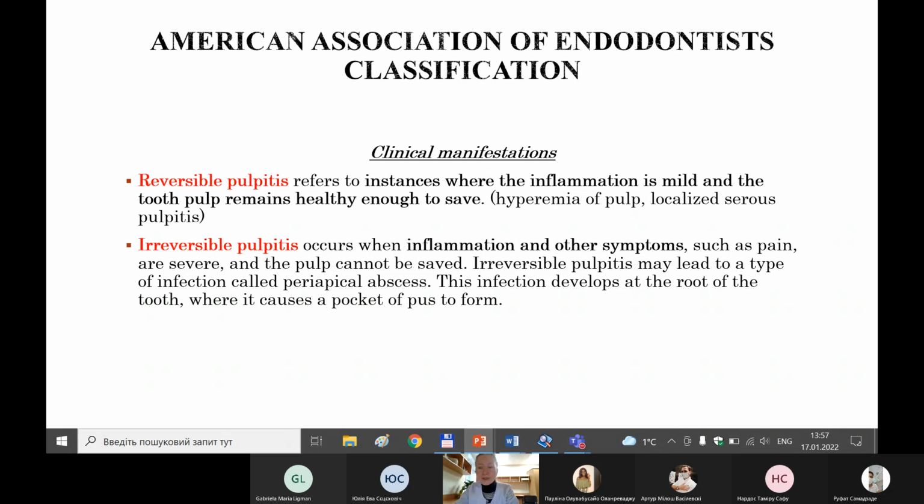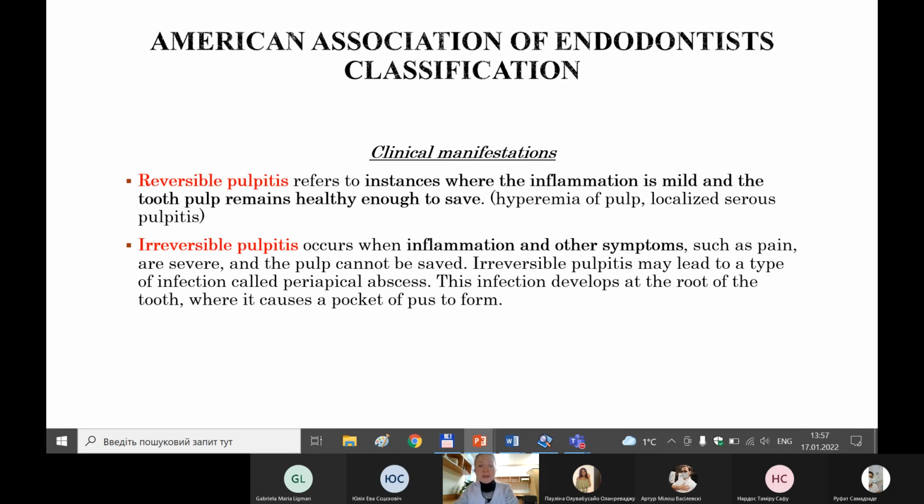In our Ukrainian classification, the closest to reversible pulpitis are hyperemia of the pulp and localized serous pulpitis. Irreversible pulpitis is actually all types of pulpitis that are not hyperemia and localized serous pulpitis.